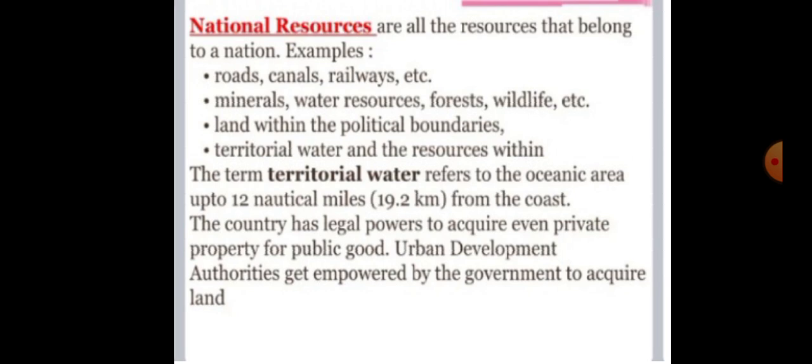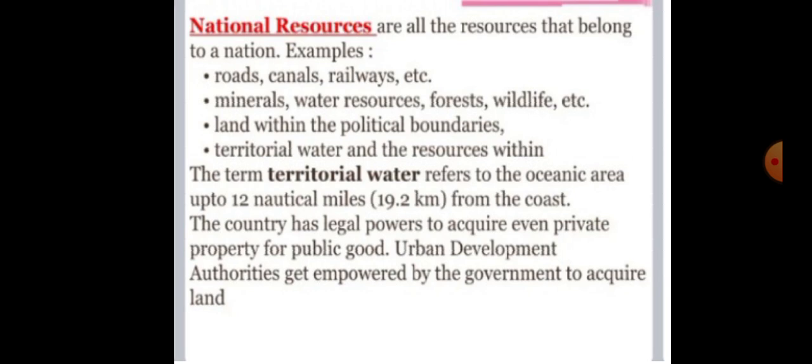The land within the political boundary, the boundary of India, 3.28 million square kilometers, everything belongs to India. Territorial water and its resources within. The term territorial water refers to the oceanic area that comes into India's vicinity or area, that is up to 12 nautical miles, which is equal to 19.2 kilometers from the coast.